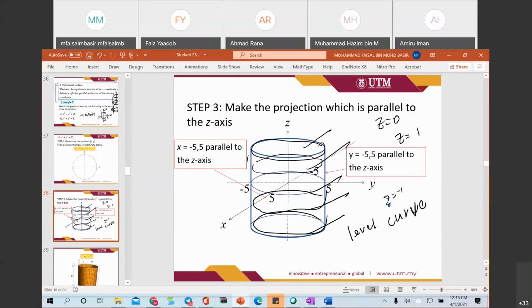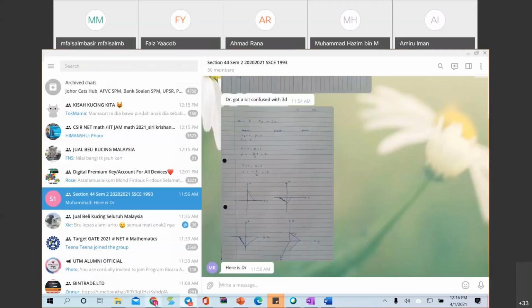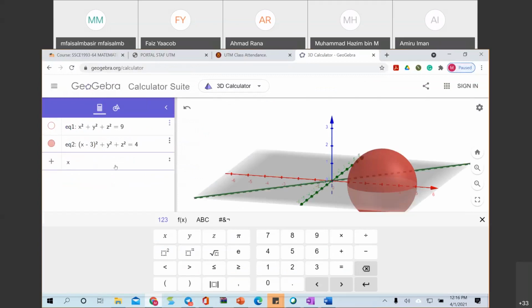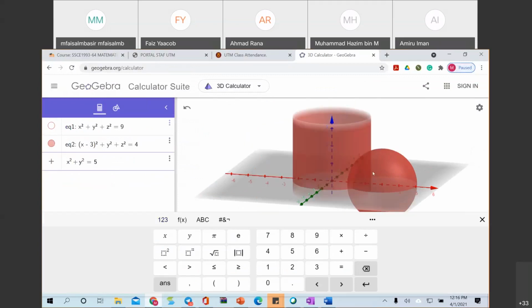I just introduced it early, okay? Later we will learn. Actually, this slide is nothing. It's just a combination of circles. Okay. If we didn't draw this, it will not show the cylinder. So this is the cylinder. If I use GeoGebra, x squared plus y squared equals to 5.